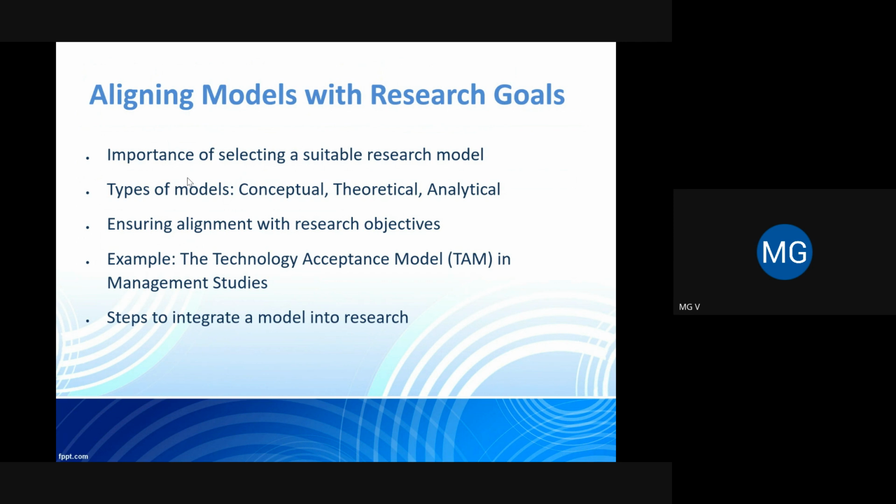By aligning research objectives with an appropriate model, a researcher ensures logical flow and meaningful analysis. Integration involves reviewing literature, identifying relevant variables, and ensuring compatibility with the research framework.